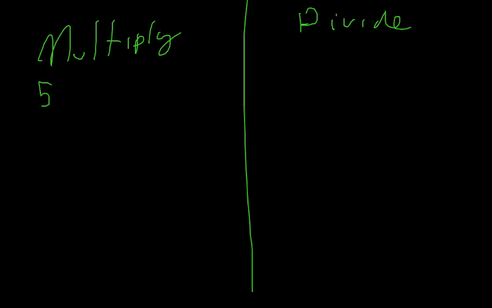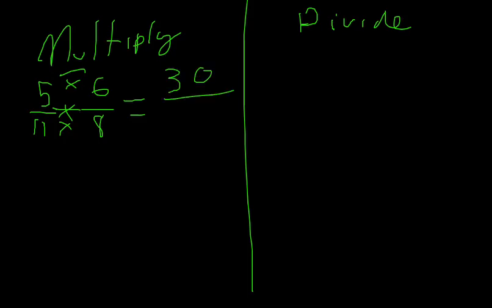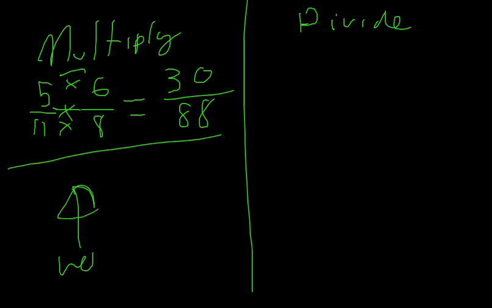Let's do 5 over 11 times 6 over 8. This has not been simplified, but it does not matter. So if we multiply the top, it's like 5 times 6, which is 30, over 11 times 8, which is 88. Very easy. That is very, very easy.